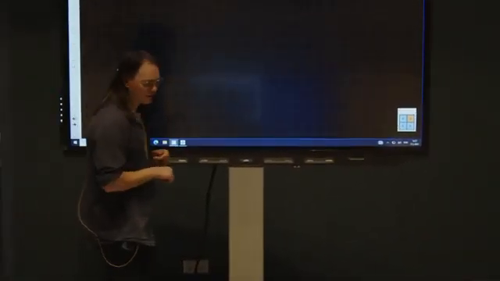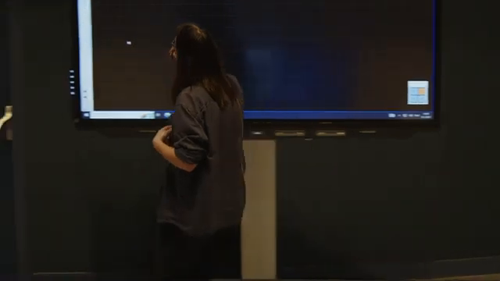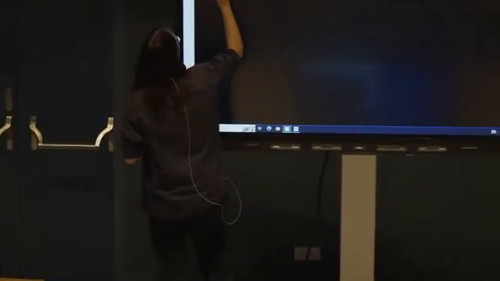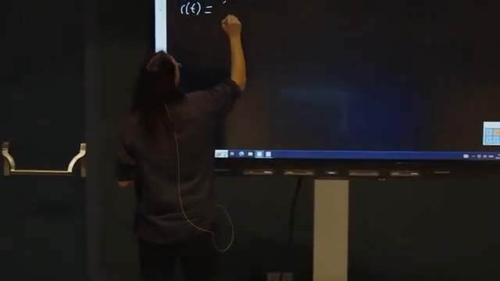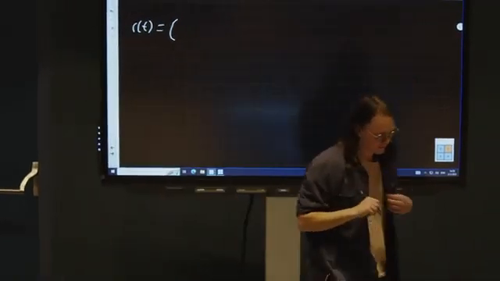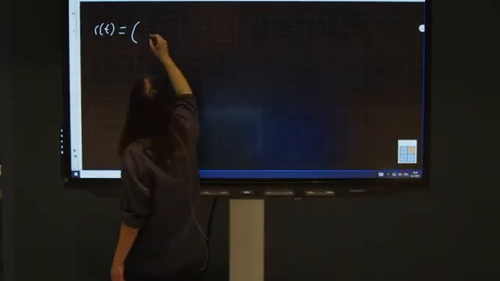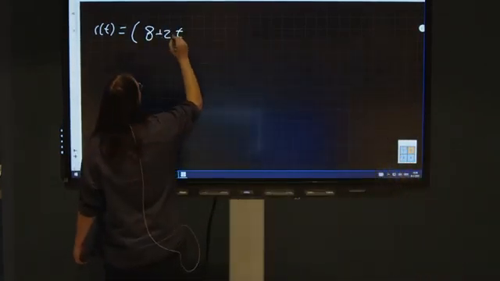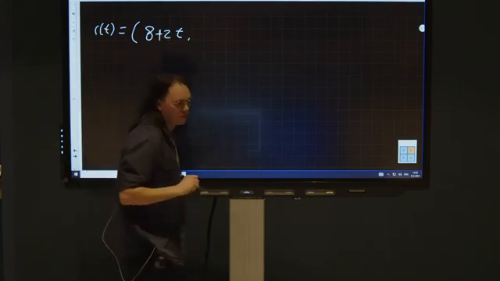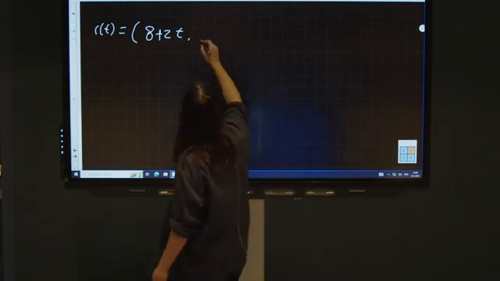So the next question was about an object that is moving along some trajectory, where that trajectory was given by the coordinates as a function of time, 8 plus 2t for x, and then t squared minus 1 for y.